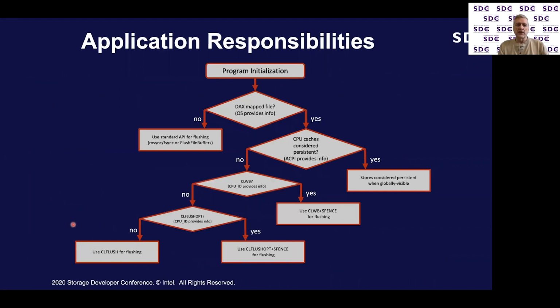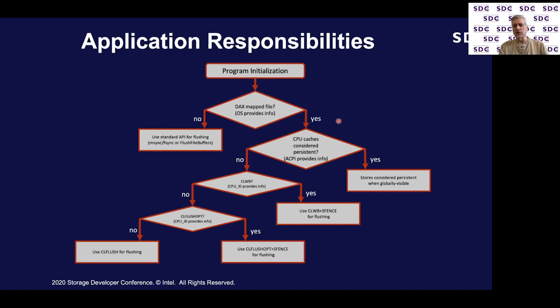Now, I'd like to diagram the summary that I just gave as a set of responsibilities that the application has. And this is an important part of our programming model. It's been part of the programming model all along, and in all of the sessions we do about the programming model, I always show this diagram. The details aren't that important.